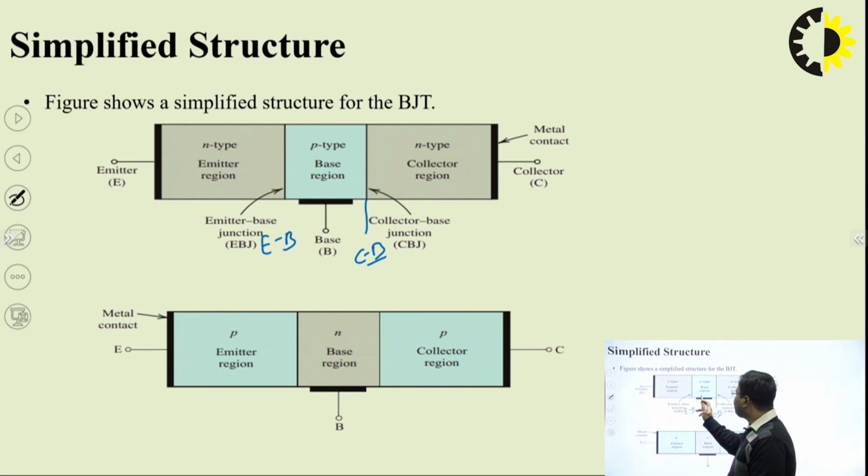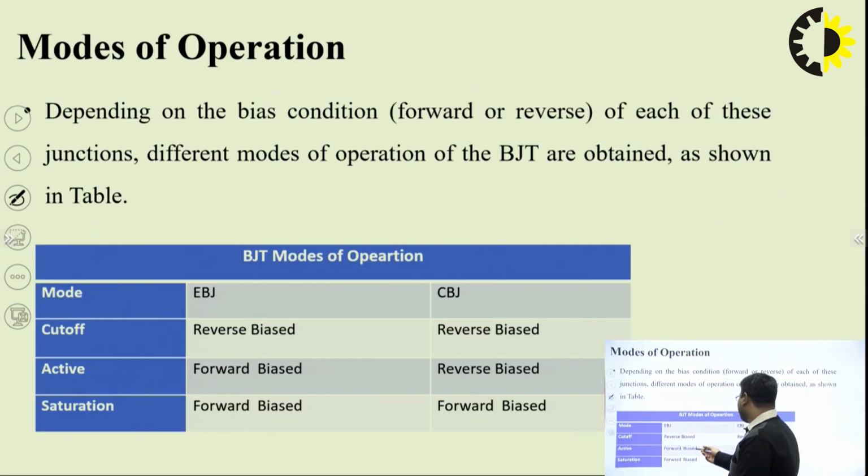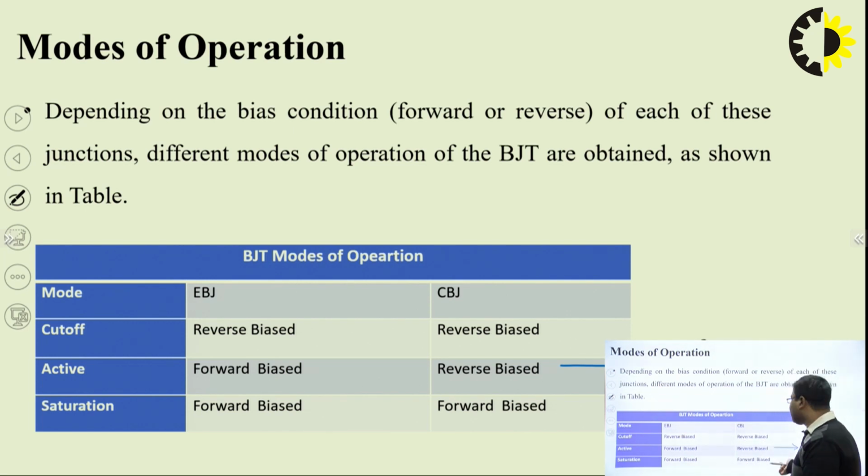If the emitter base junction is forward biased and the collector base junction is reverse biased, then this is the active mode of operation. In active mode of operation, BJT can be used as an amplifier. When we are going to use BJT as an amplifier, then we will use it in active mode.